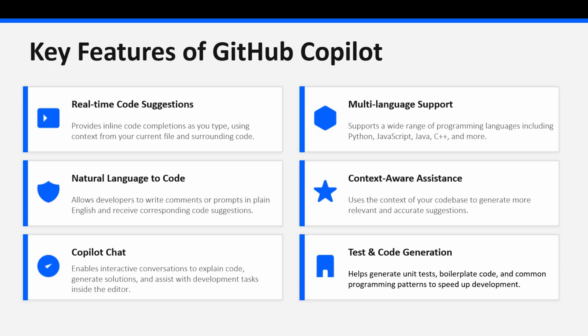Second thing is natural language to code. It allows developers to write comments or prompts in plain English and receive corresponding code suggestions. So as I mentioned, if in the editor you put a comment in plain English, let's say you want to validate an email, you will put "validating email address". Okay, so this is a comment.